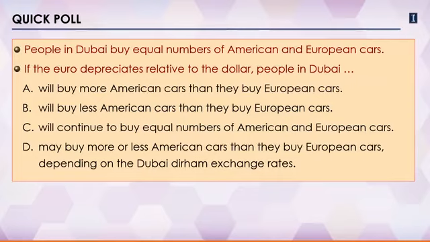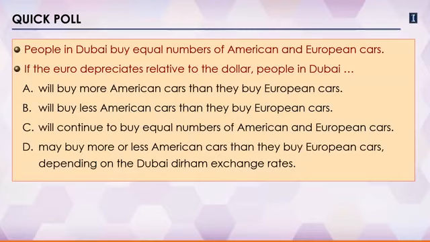I hope you have chosen B. People will buy fewer American cars and more European cars in Dubai, because the same way that we did the calculation between the US and Germany, once the euro depreciates, the value of European cars in terms of the dollar goes down, and as a result, European cars become cheaper.